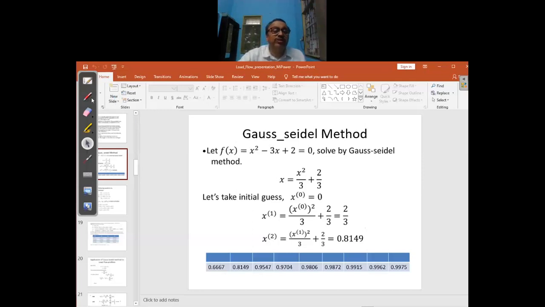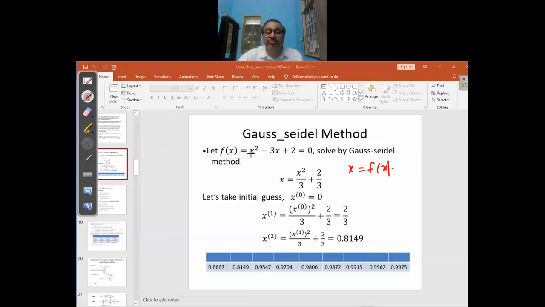In the Gauss-Seidel method, what we essentially do is write the expression in the form x is equal to f of x.